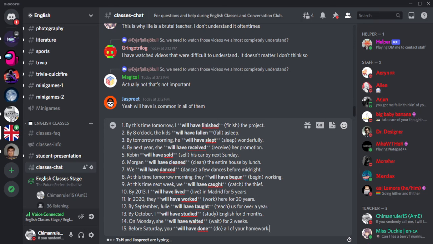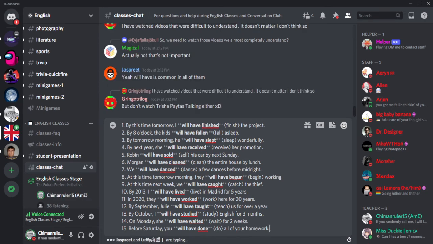So yeah, it's a really basic exercise because English is basic when it comes to verb forms. We don't conjugate as much as we do in Spanish. We conjugate, but our conjugations are oh so simple.